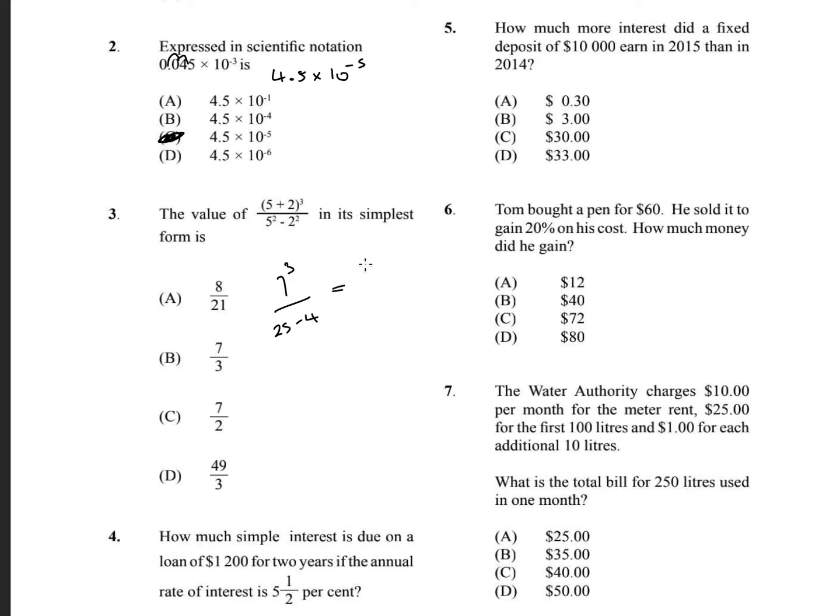This is the same as 343, which is 7 cubed, over 21. When you look at this, you should notice that 7 is able to go into 343, and 7 is also able to go into 21. So 7 is able to go into 343 49 times, and 7 is able to go into 21 3 times. So your answer in this case is going to be D.